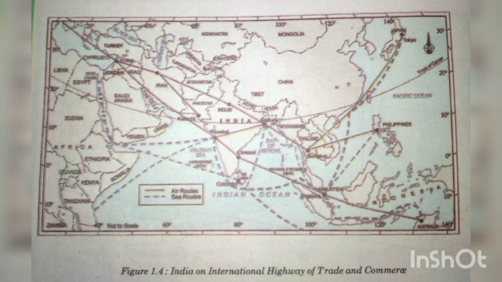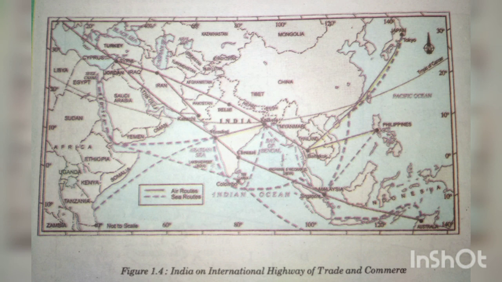If we see the land routes, the land routes of our country are much older than sea routes. Our ancient travelers came to our country through these routes. Indian land routes contributed a lot in the following ways. Number one, by exchanging our ideas and commodities from ancient times.